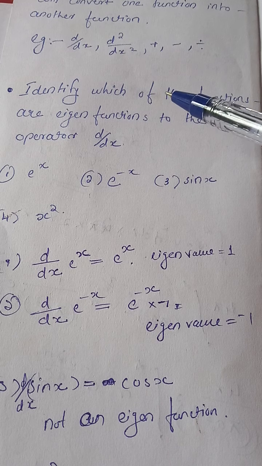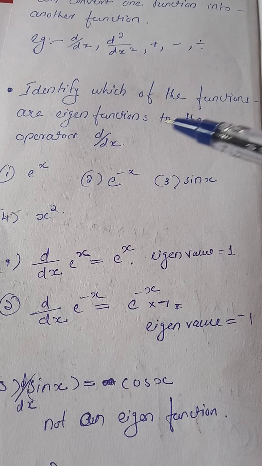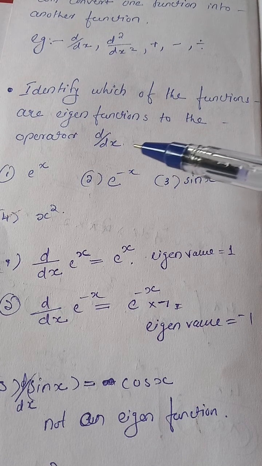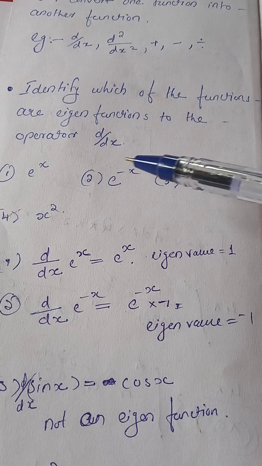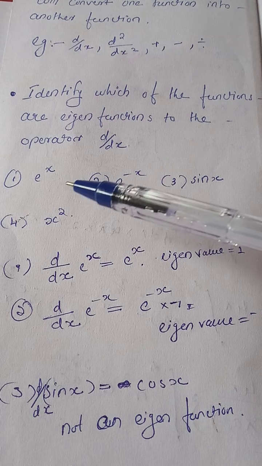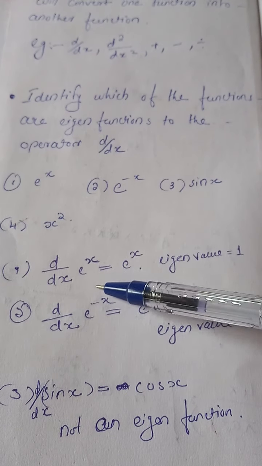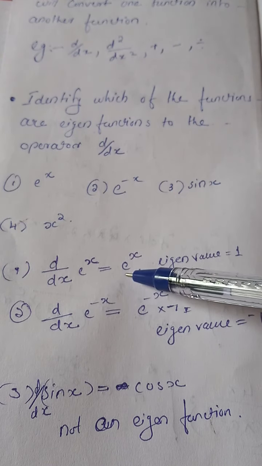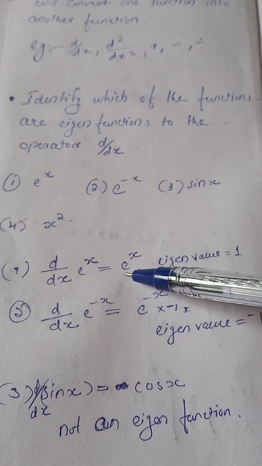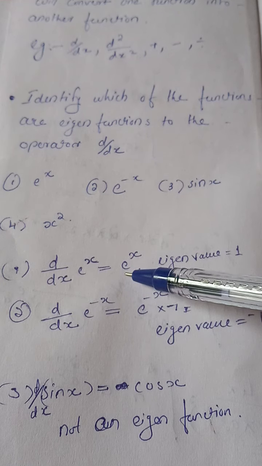Our question is to identify which of the functions are eigenfunctions of the operator d by dx. The first function is e raised to x. d by dx of e raised to x is e raised to x itself, so we get our function back after differentiation.